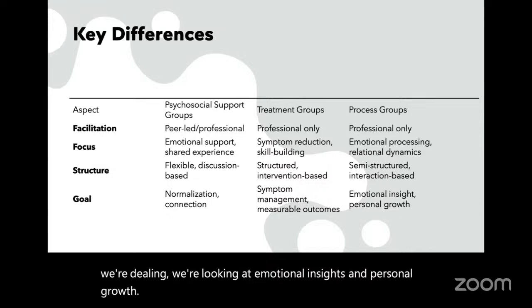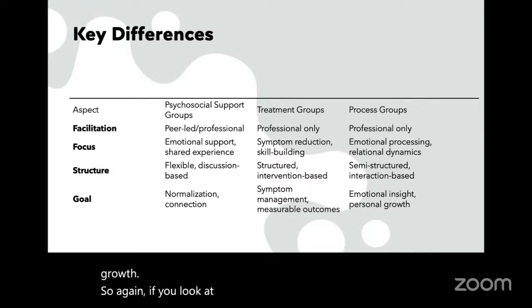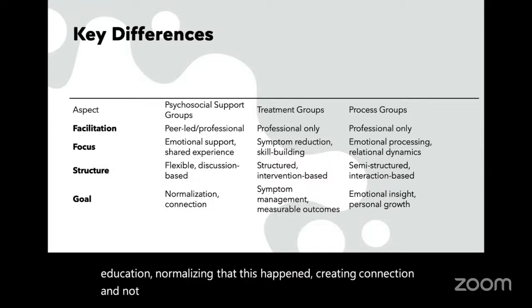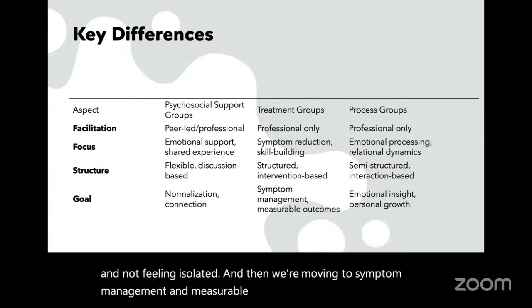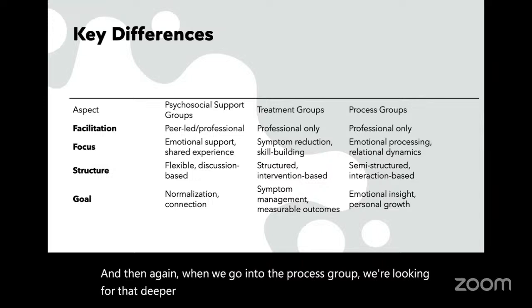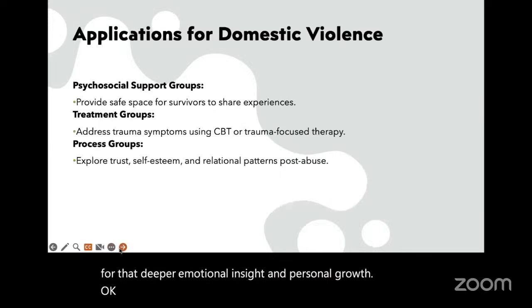So again, if you look at the progression, we start with basic education, normalizing that this happened, creating connection and not feeling isolated. And then we're moving to symptom management and measurable outcomes. And then again, when we go into the process group, we're looking for that deeper emotional insight and personal growth.